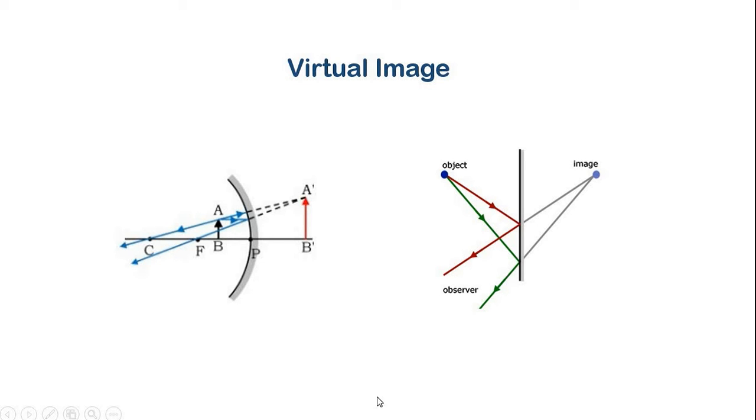In the first figure, A prime B prime is the virtual image of the object AB due to reflection on the convex mirror. And in the second figure, for the point object, a virtual image is formed at the back side of the plane mirror.